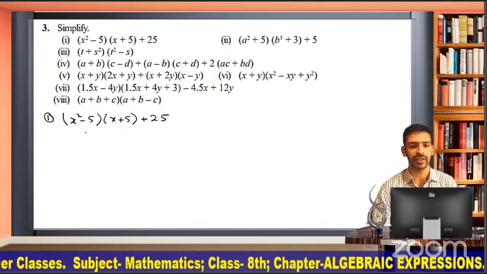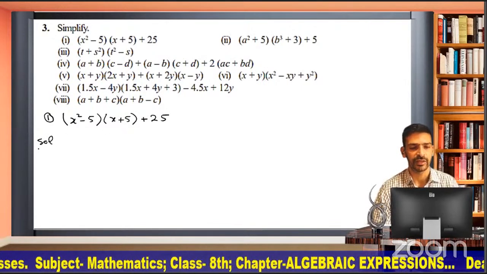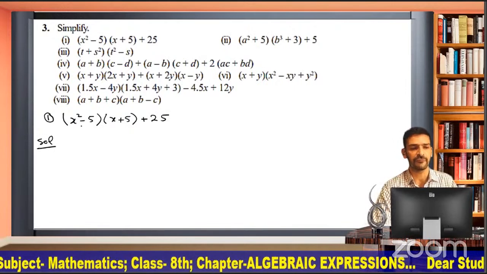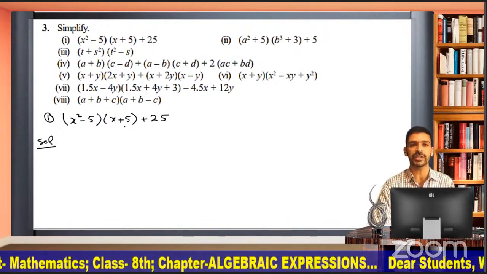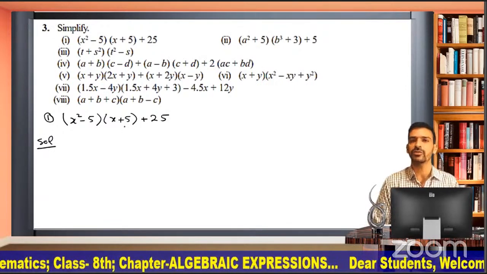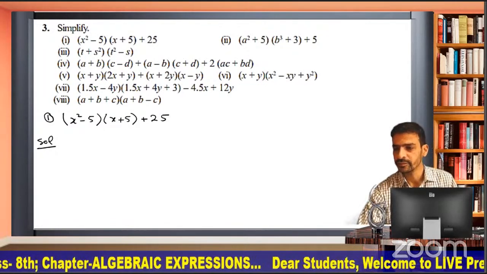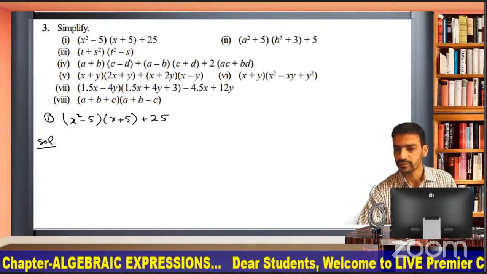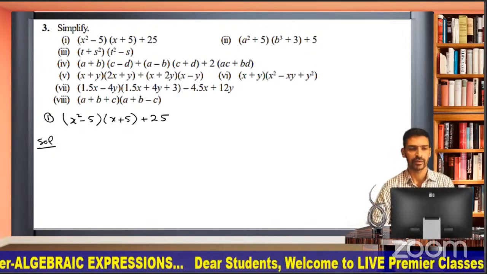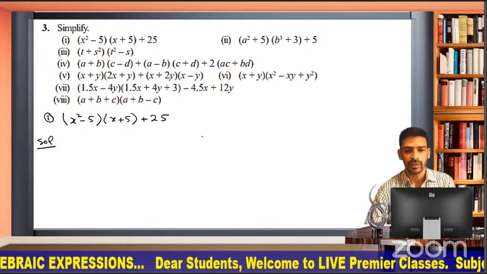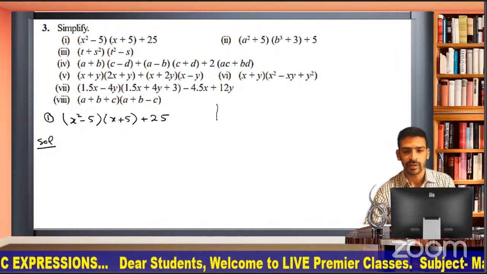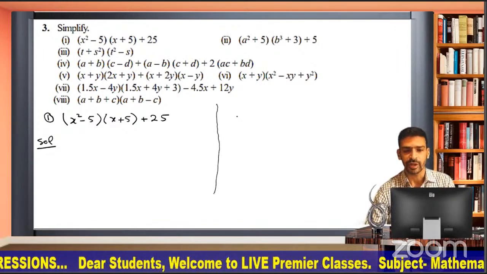अब देखिए, यहाँ हमारे पास क्या है? We have first expression, we have second expression, and then we have plus 25, a constant. Let us employ the process here.